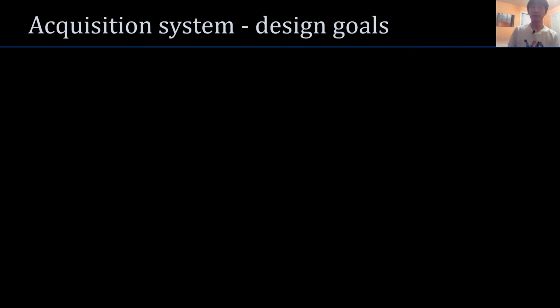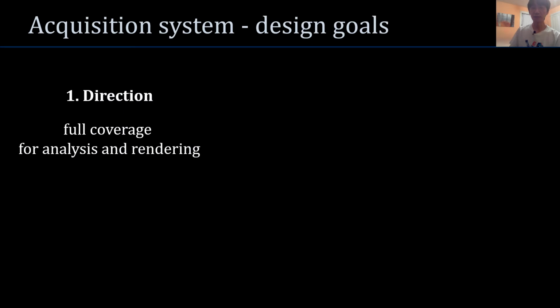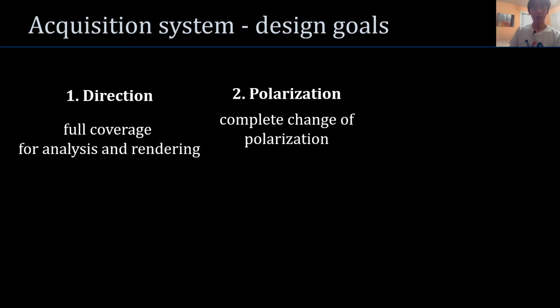To capture this dataset, we had to develop an imaging setup that satisfies 4 design principles. First, we want to acquire PBRDF at every direction for analysis and rendering. Second, we want to capture the complete polarization change as a Mueller matrix in terms of both linear and circular polarization.